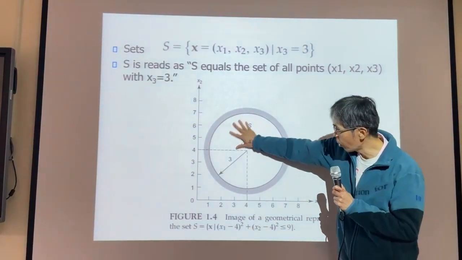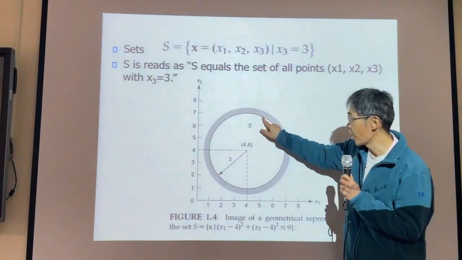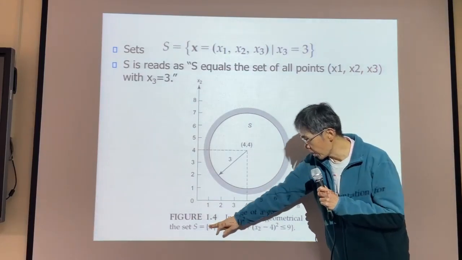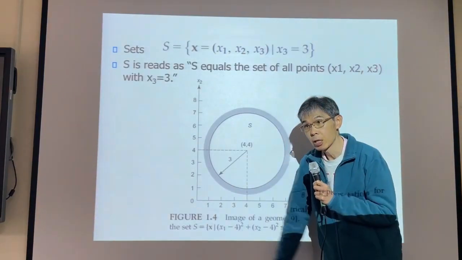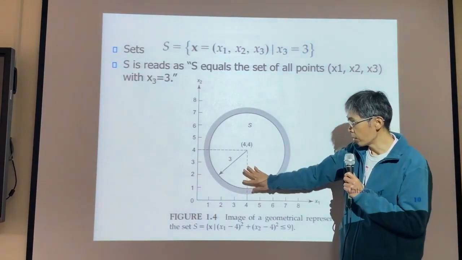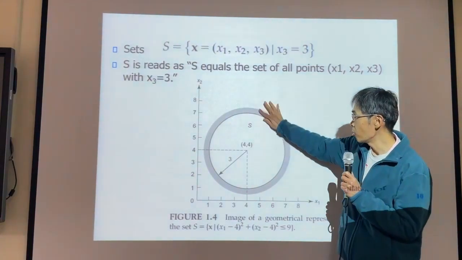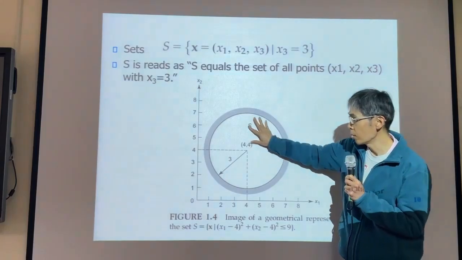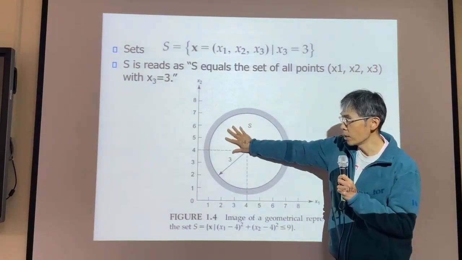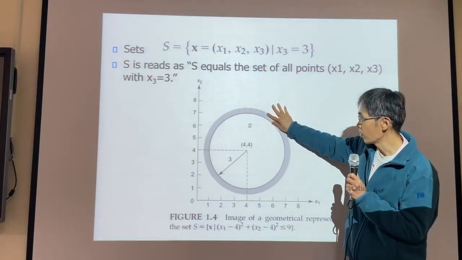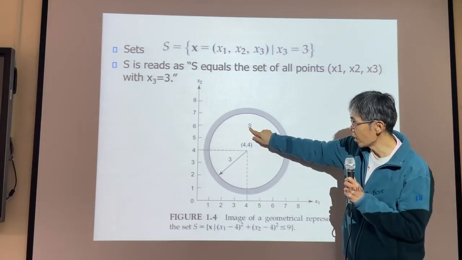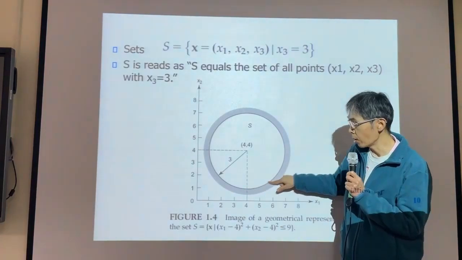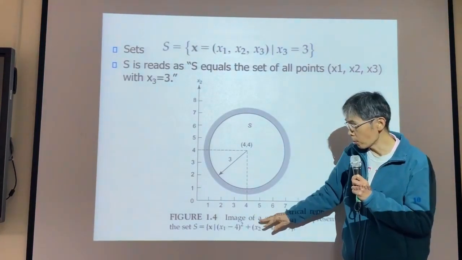So 4 is the center for x1, x2. And 9 is 3 squared, so this is the radius. All points inside this circle and on the perimeter belong to set S. In this book, the shadow area means outside our design space. So this is inside, this is S; all points inside and on the circle belong to this set.